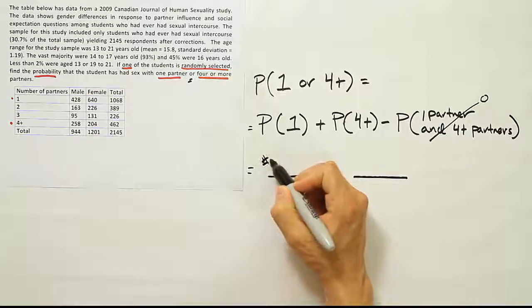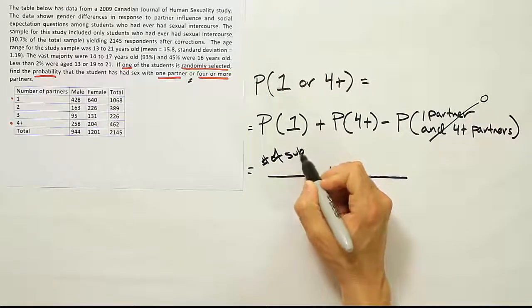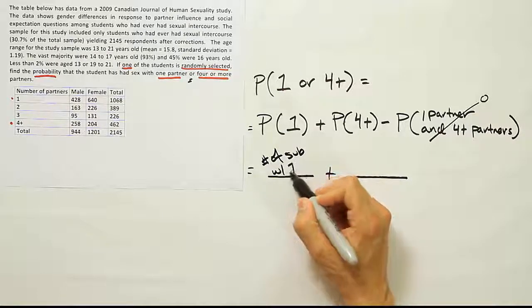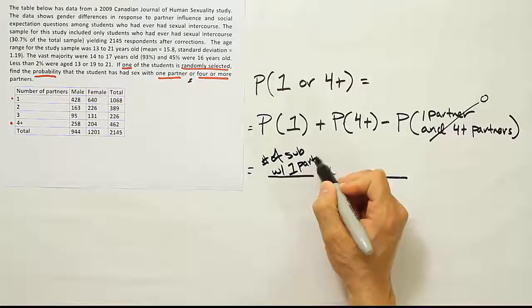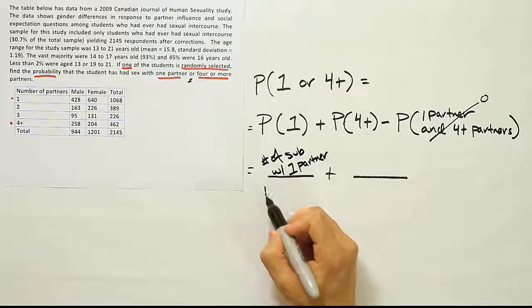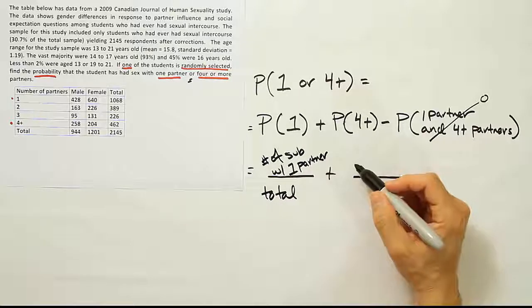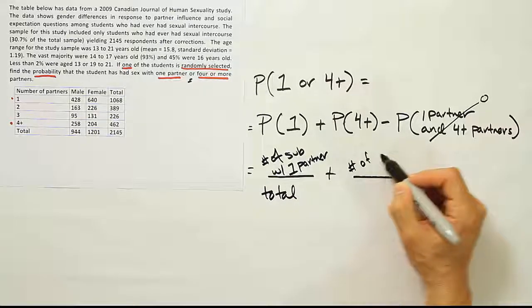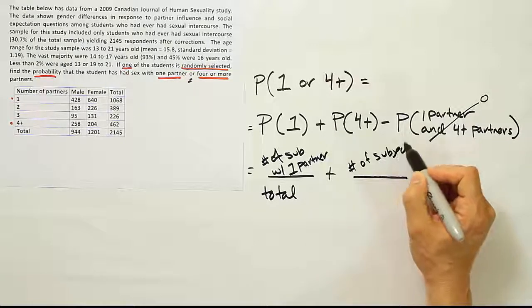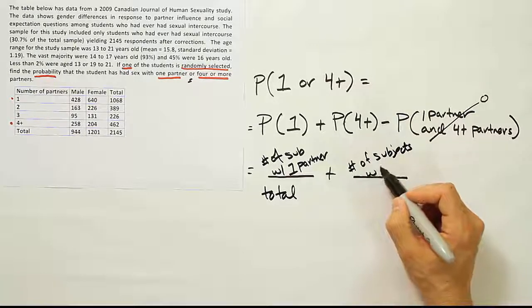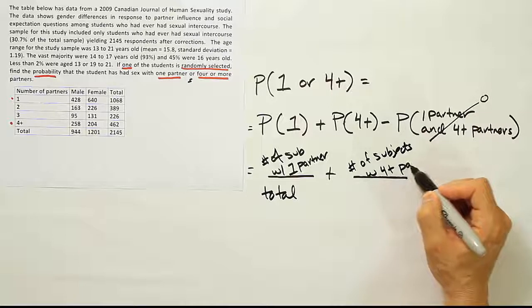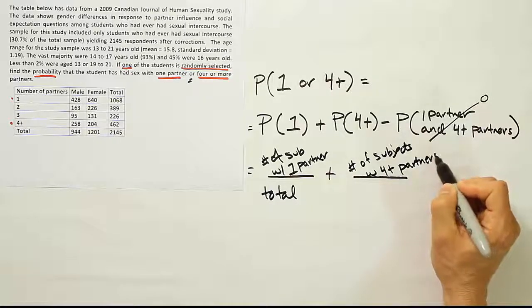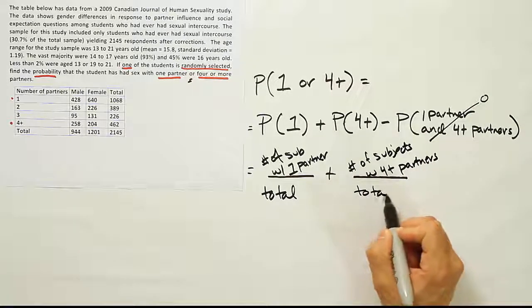It would be the number of subjects with one partner over the total. And the next one is the number of subjects with 4 or more partners. And that'll be over the total.